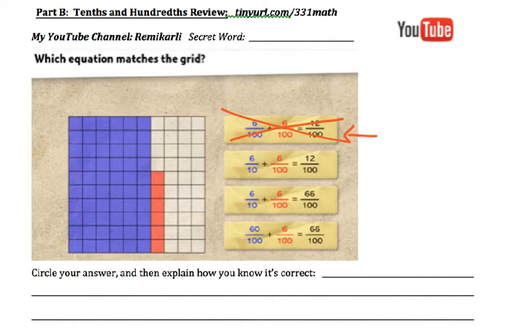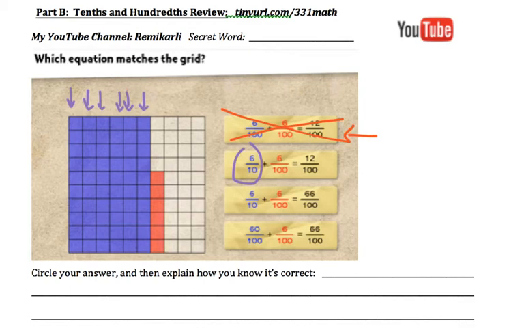The second one says 6 tenths plus 6 hundredths equals 12 hundredths. Well, let's look at that. First, this does match the picture because we have 1, 2, 3, 4, 5, 6 tenths because we have 6 of those long rectangles.